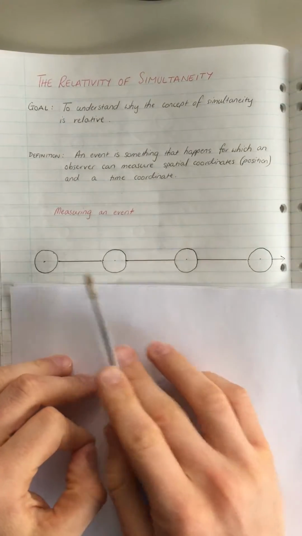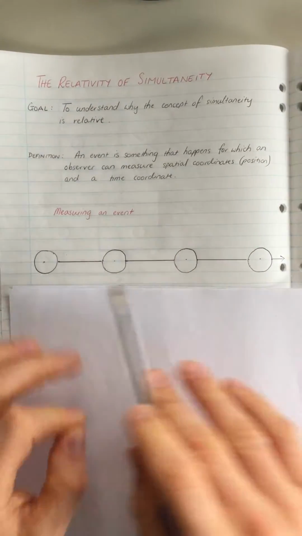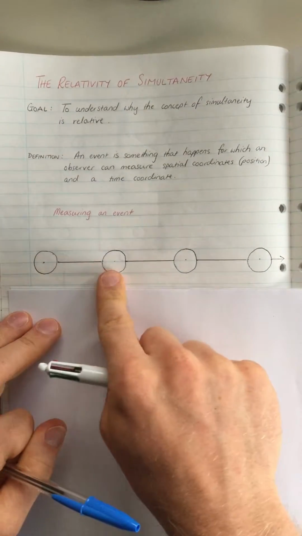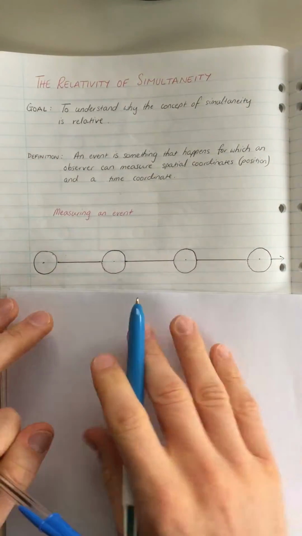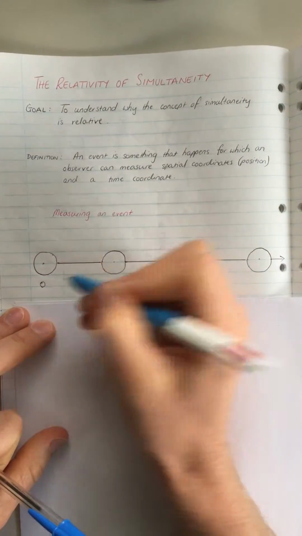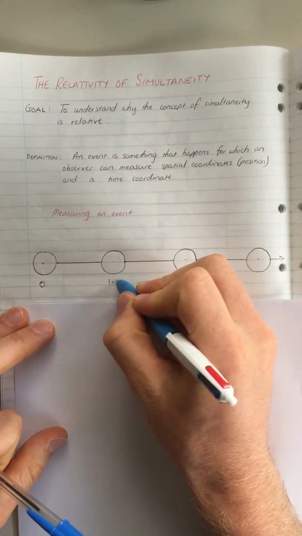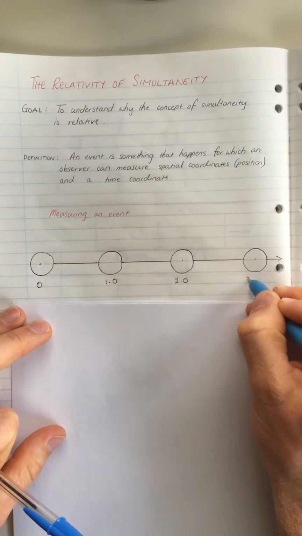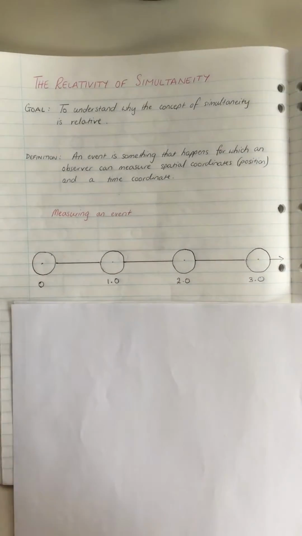This is what we have here: a coordinate system which can measure position. Let's say it's 1 meter between each space. So this is position 0, this is position 1 meter, this is position 2 meters, this is position 3 meters, and so on.